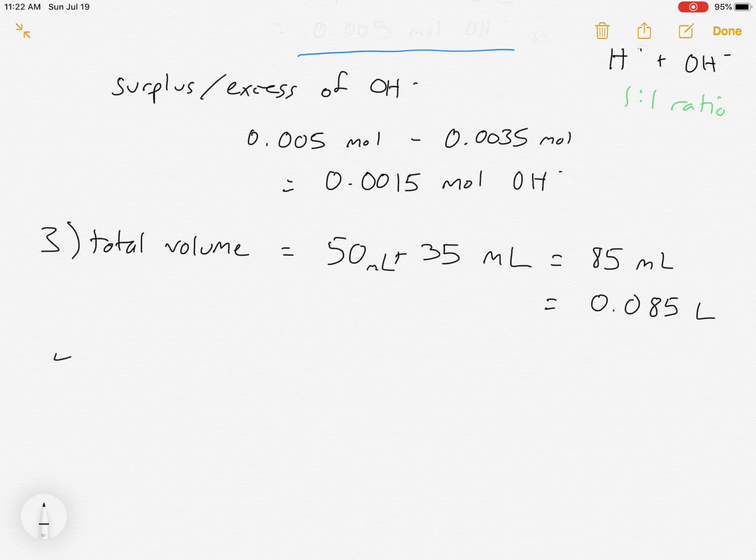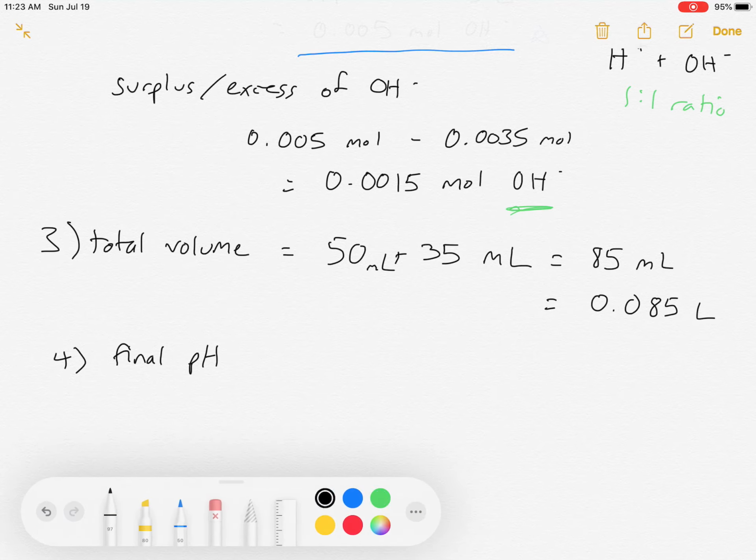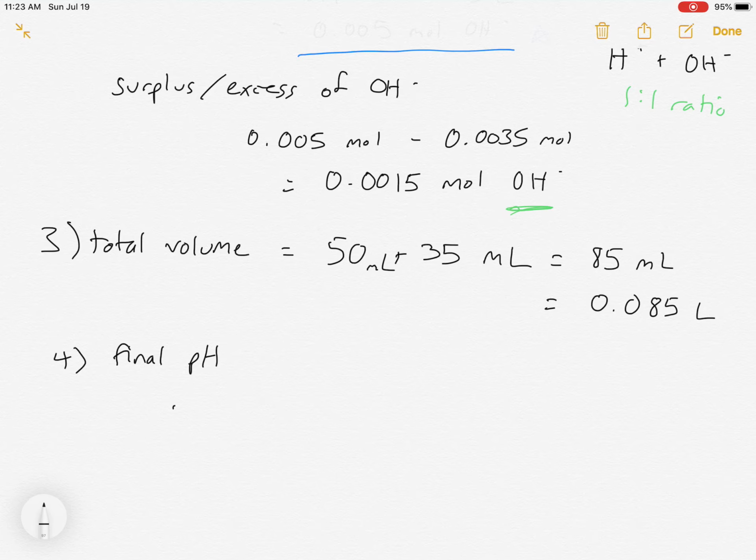And now we want to start looking for the final pH, because we now have moles and we have volume, which means we can start finding concentration, which is what pH is. So again, because we have excess hydroxide, we need to find the pOH first. So in this, the concentration of the hydroxide ions is going to be, right, C equals n over V, or moles divided by volume.